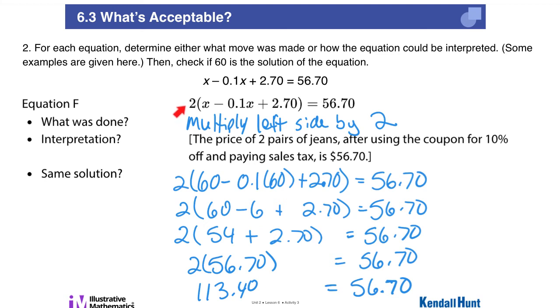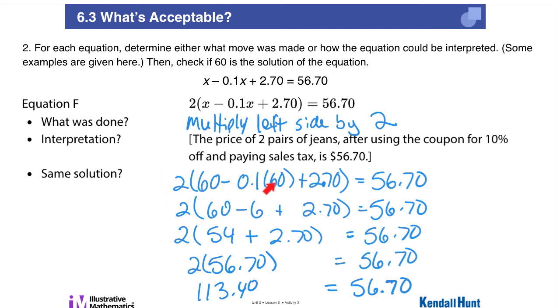In equation F right here, what was done, they multiplied the left side of the equation by 2. Notice that nothing was done on the right-hand side. The interpretation, this means that the price of 2 pairs of jeans, because we're going to take all this times 2, after using the coupon for 10% off and paying sales tax is $56.70. Does this have the same solution?